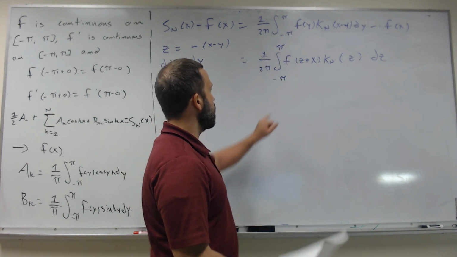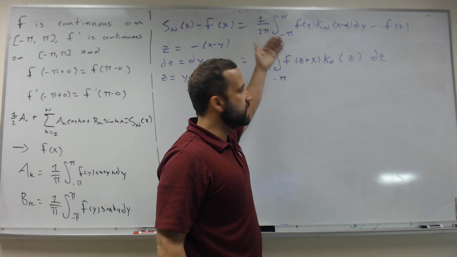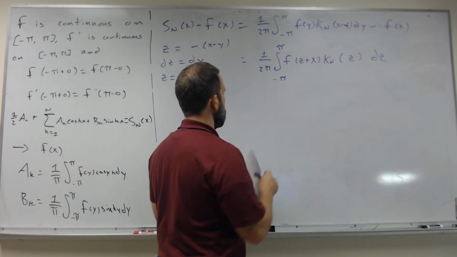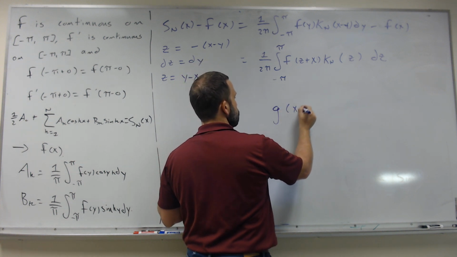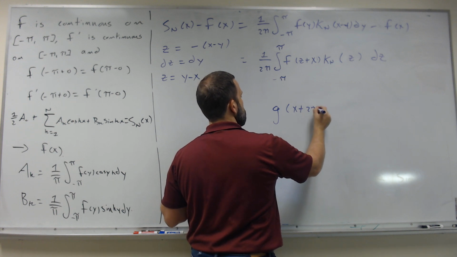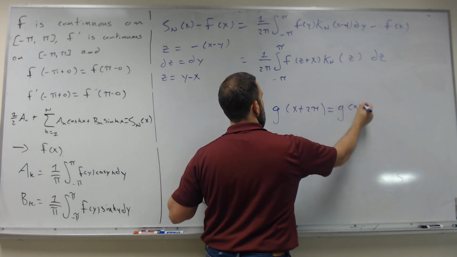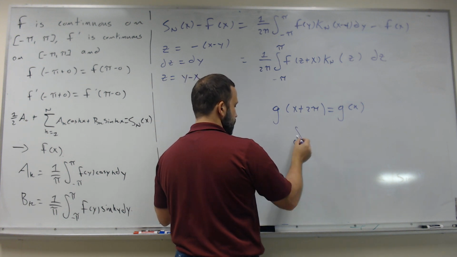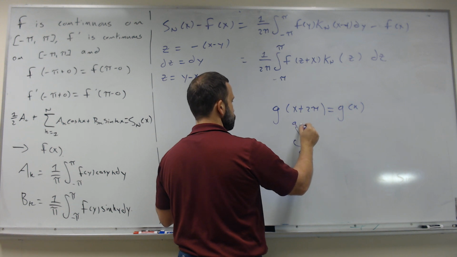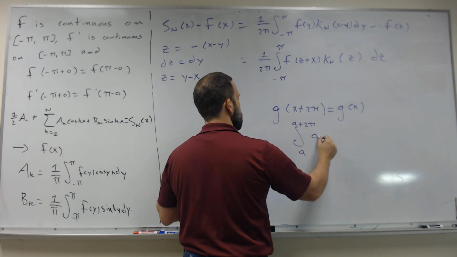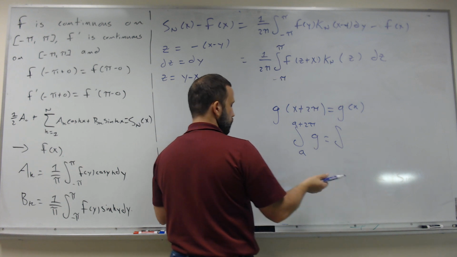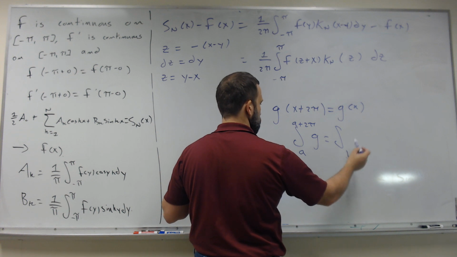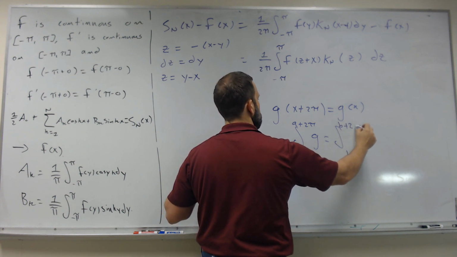If you have a function that is 2 pi periodic, it could be even more periodic. But if a function satisfies g of x plus 2 pi equals g of x for all values of x, then the integral from a to a plus 2 pi is going to be equal to the integral over any interval of length 2 pi, so b to b plus 2 pi.